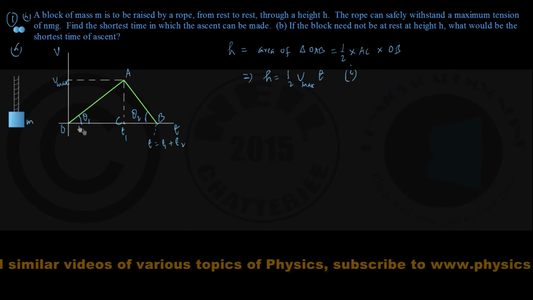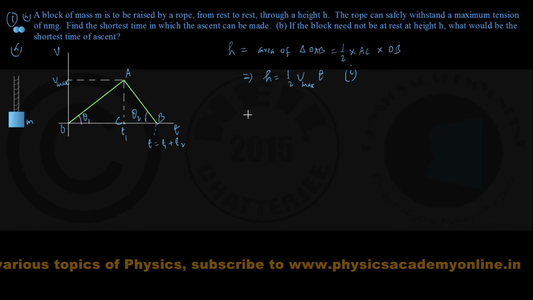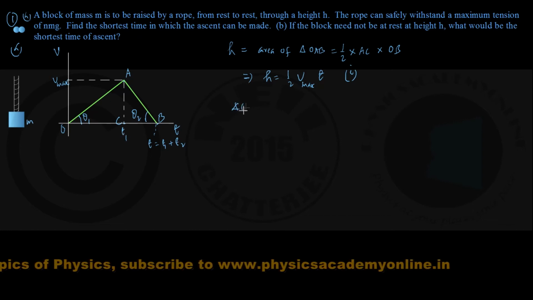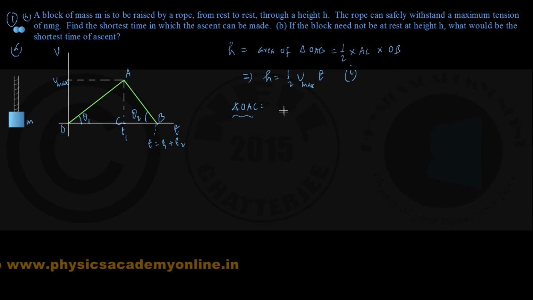Now looking back at this graph once again, we can look at this triangle OAC. So let me write it here as well. In the left side triangle OAC, the acceleration that is taken to be A is graphically represented by the slope of this line OA, isn't it? So A is equal to tan theta 1.